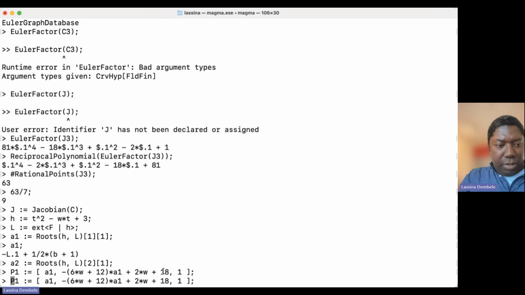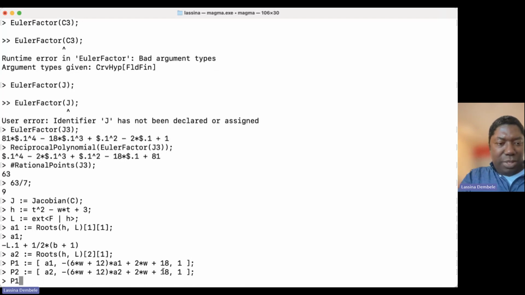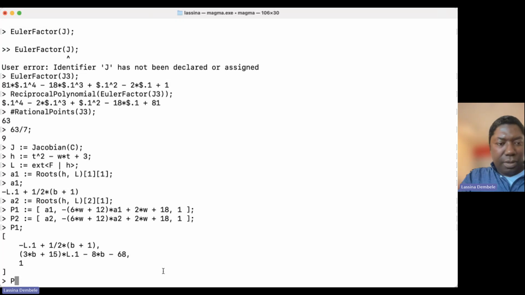Okay, so that's my first point, my second point. Okay, so I have P1. Oh, sorry. Those are just the coordinates. I actually forgot to.